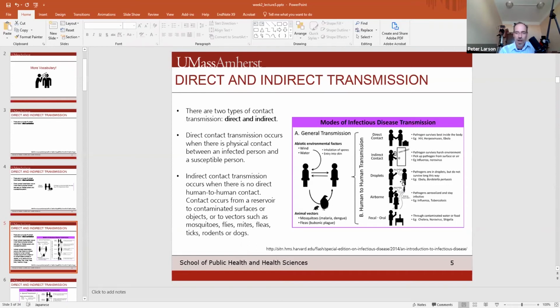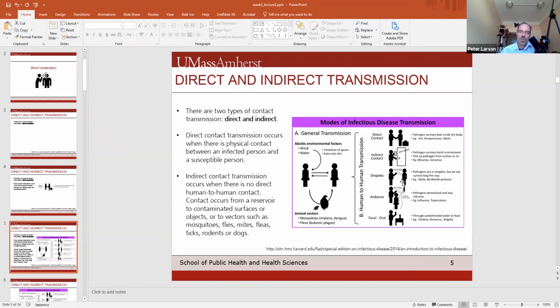The fecal oral route through food or water: cholera, norovirus, Shigella, these things, where food is contaminated with fecal matter, and you pass it on to other people. And then there's the more complicated case where transmission occurs through animal vectors, and things like malaria, which is transmitted by mosquitoes, fleas, which transmit plague, a number of vector-borne diseases out there.